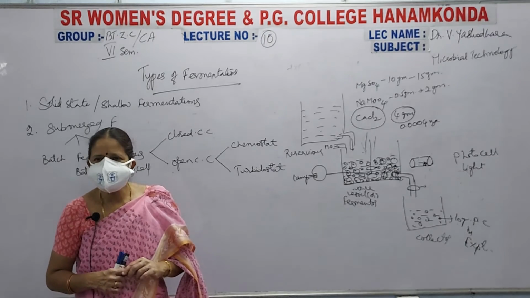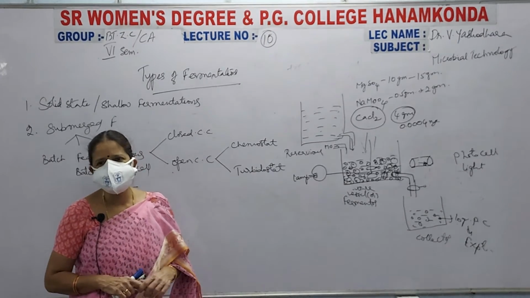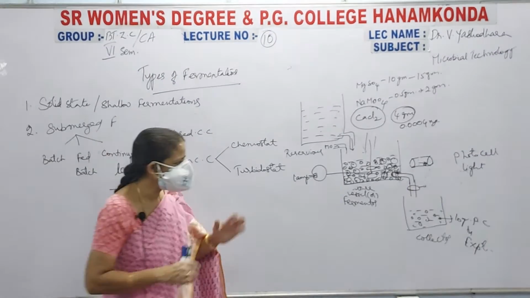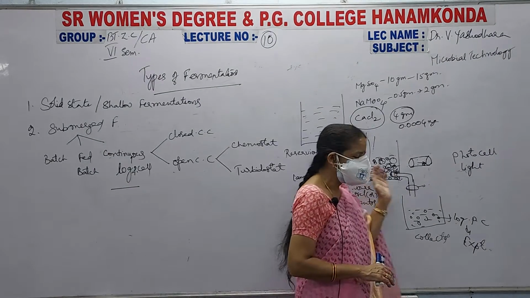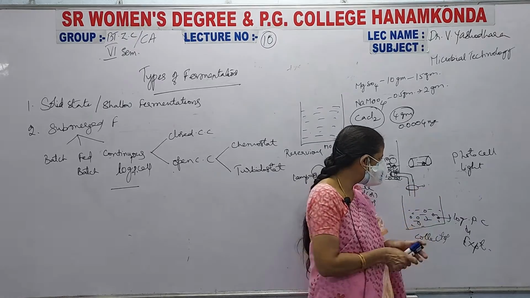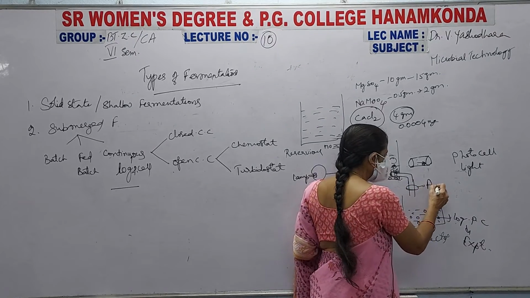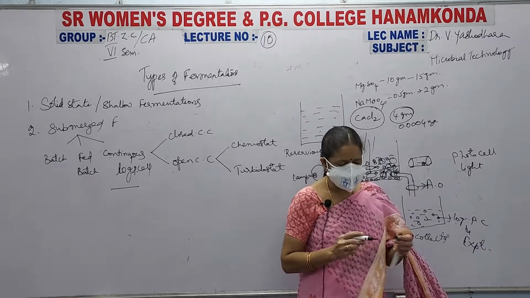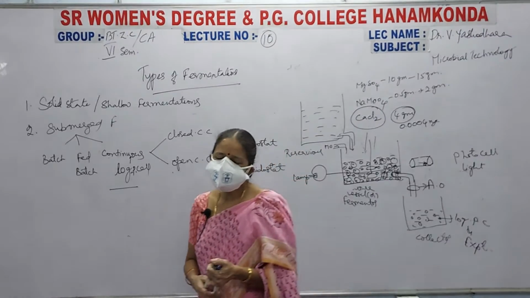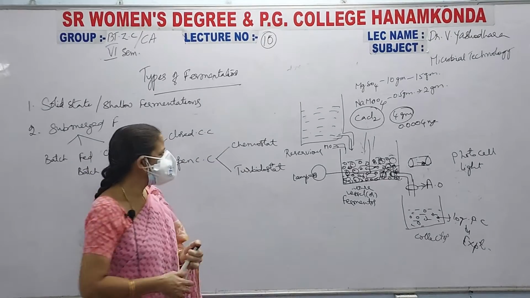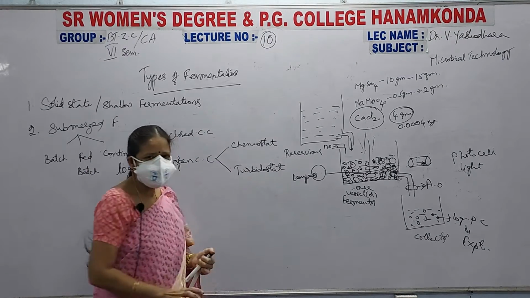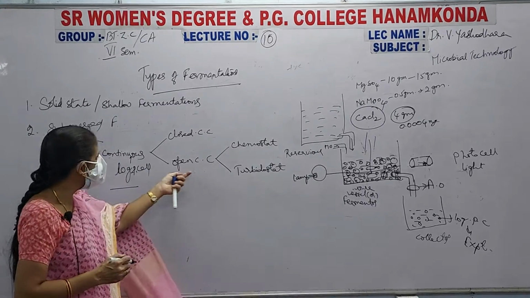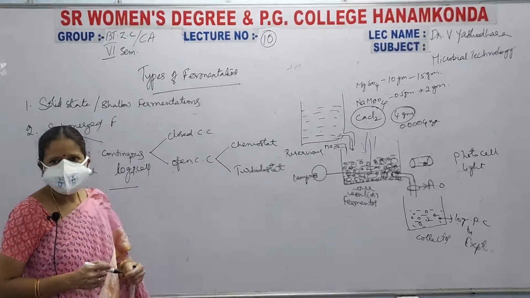Once the medium has become turbid or very thick or concentrated, that is an indication that the culture vessel or the fermenter or bioreactor consists of all log phase cells, and the automatic opener will open, and immediately all the log phase cells are collected and they are purified and used for our experimental purpose. This is known as a turbidostat. This is another type of fermentation, that is your open type of continuous fermentation system.